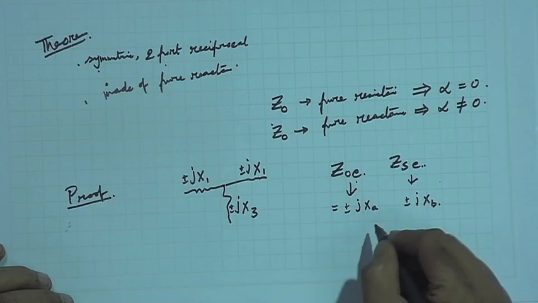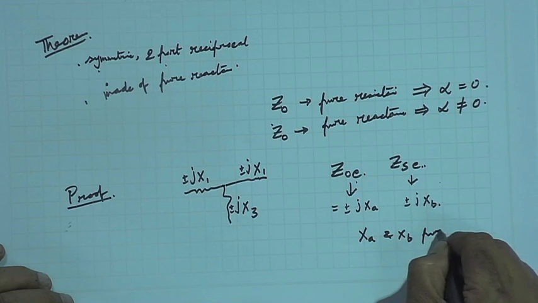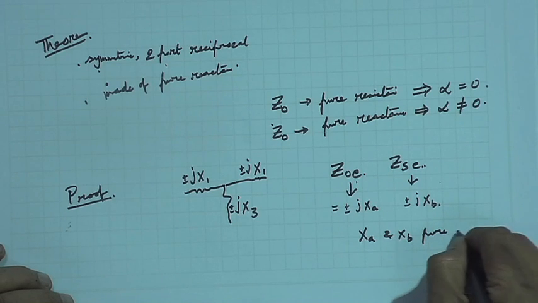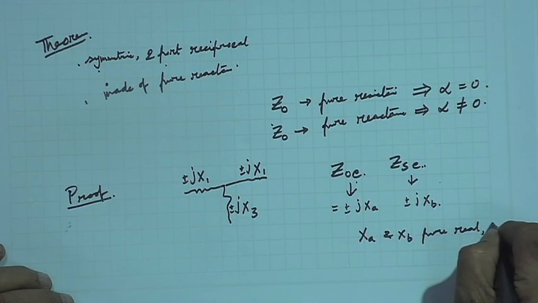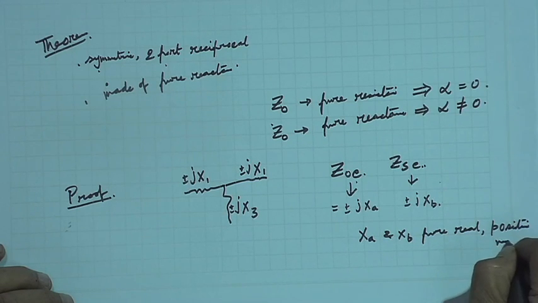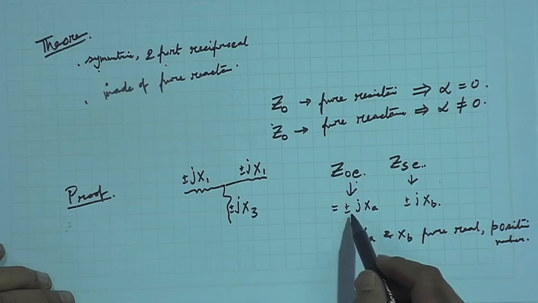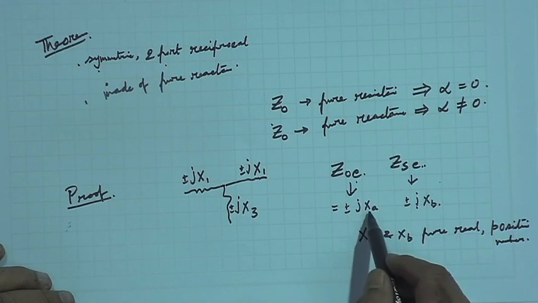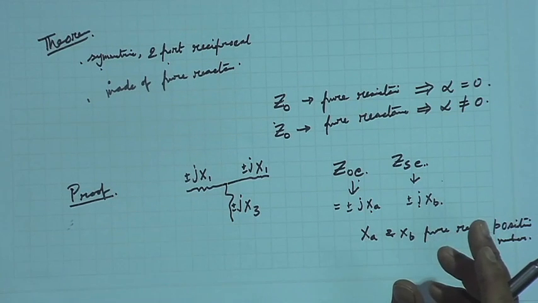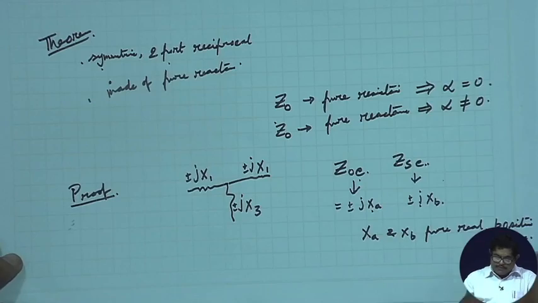That means XA and XB are pure real positive numbers. You agree that, since I have incorporated j, XA and XB are positive real numbers.